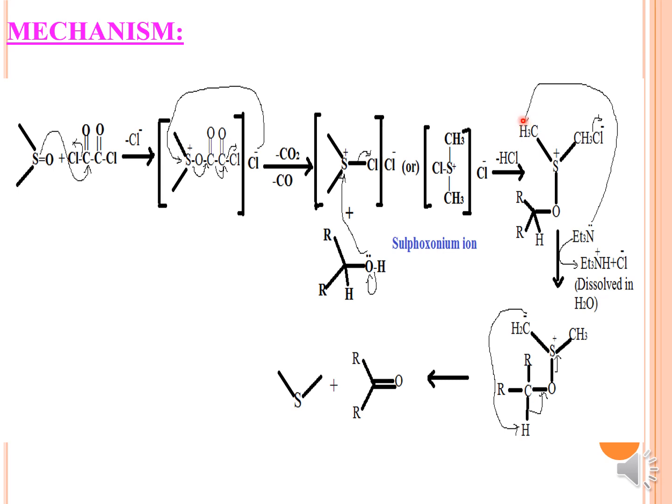So one hydrogen atom is abstracted from your methyl, and there is a generation of the carbanion over here. There is also a cleavage of the whole moiety, Et3NH plus Cl minus. This is also getting cleaved out, and it can be dissolved in water.